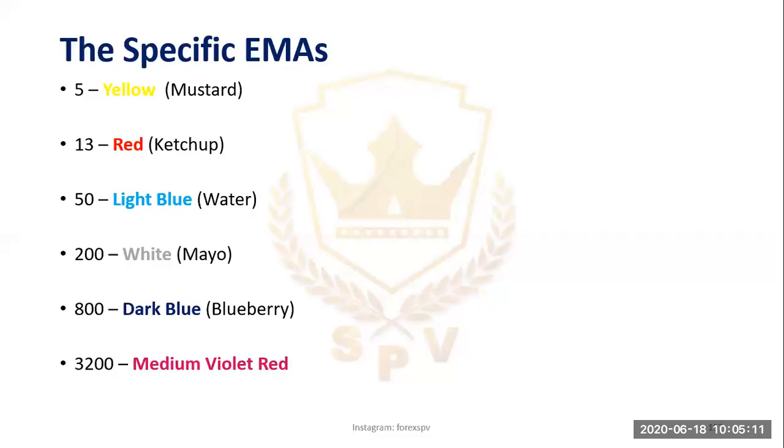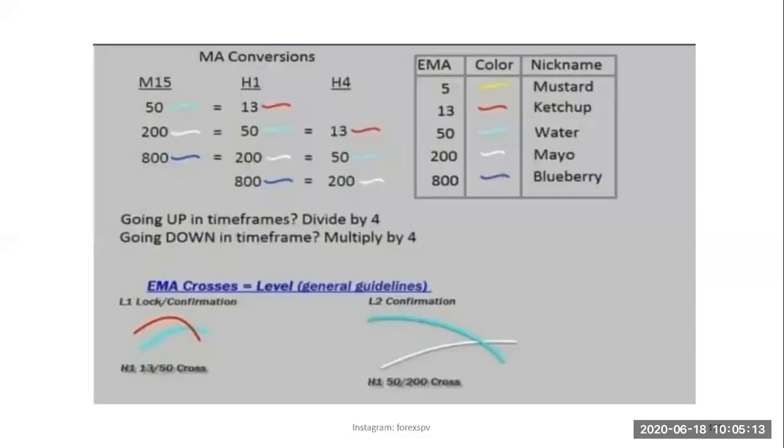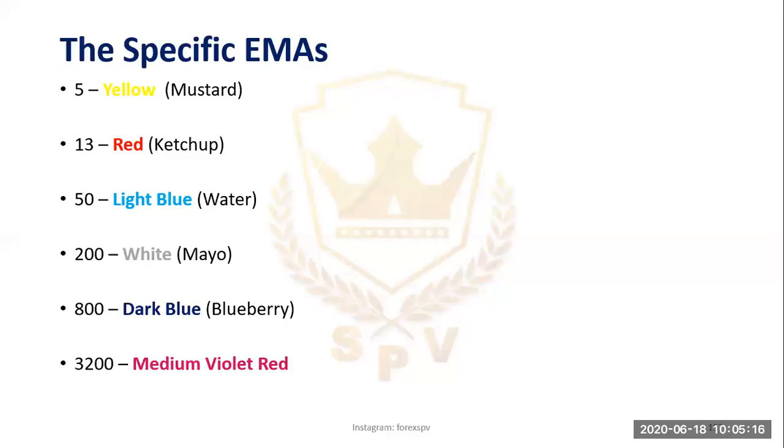The blueberry and the 3200 EMA usually are like flat EMAs in higher time frames, because in order for them to reverse, you see a lot of candles need to be filled in. About 800 candles going uptrend shows that now this is an uptrend for the blueberry, and for the medium violet red, it's around 3,200 candles.